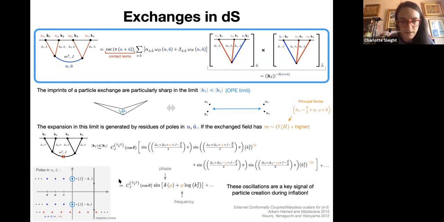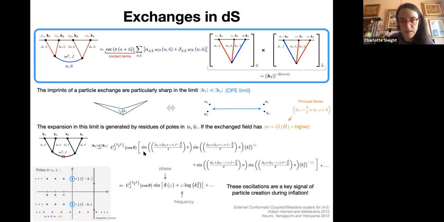You get this behavior here by taking the leading term in each non-analytic family and exponentiating. And when you sum the leading terms from each family, you get this sine function here. An interesting observation, which was also made in these papers here, is that the frequency and the phase delta of these oscillations depend on the parameter mu, which labels the principal series representation.